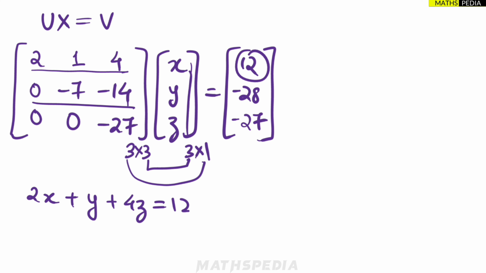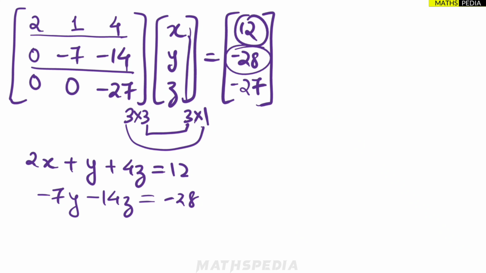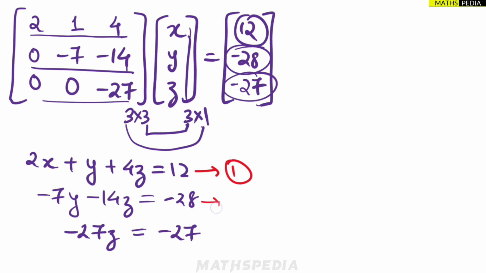So 0 into x, no need to write. Minus 7y minus 14z is equal to the second element, minus 28. Third row into this thing. So minus 27z is equal to minus 27, the third element. The three equations we have got: first, second, third.